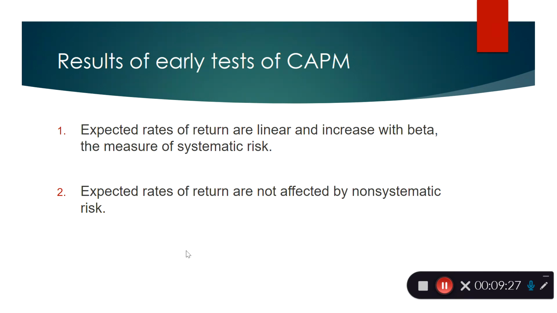And expected returns are not affected by non-systematic risk, meaning that overall, once you have a diversified portfolio, you can just use beta. So the results of the early tests, and the literature goes back and forth, but overall, the results of the early tests are it's not perfect, but it's not total crap, so let's not scrap it. There is still some benefit to CAPM.